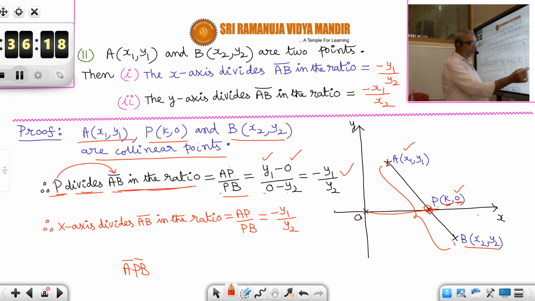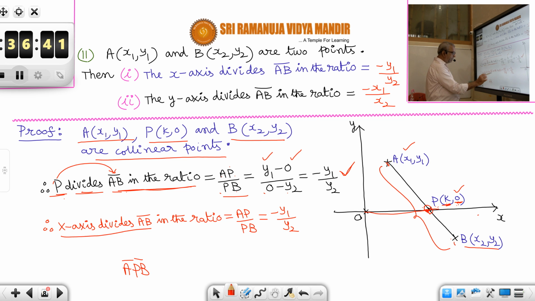Even though we don't know the x coordinate of P, the y coordinate we know. So for this formula you can use either x coordinates or y coordinates. Because we know the y coordinates, let us use y coordinates and find out. So the formula minus y1 is to y2 is the ratio in which P divides AB.